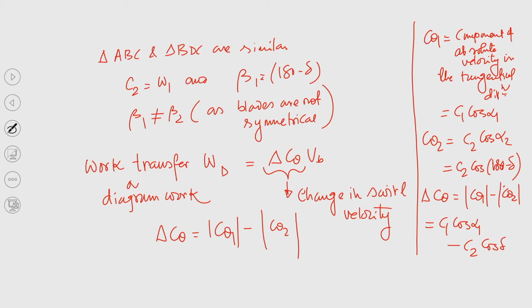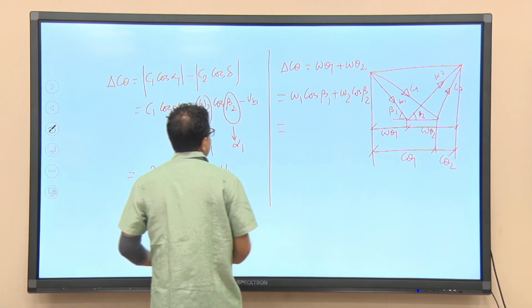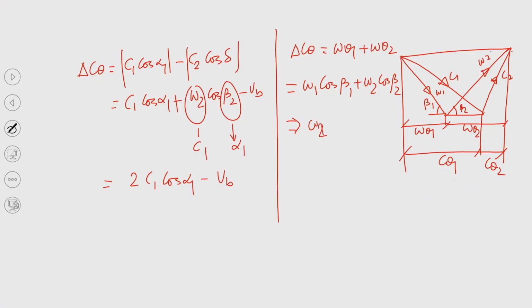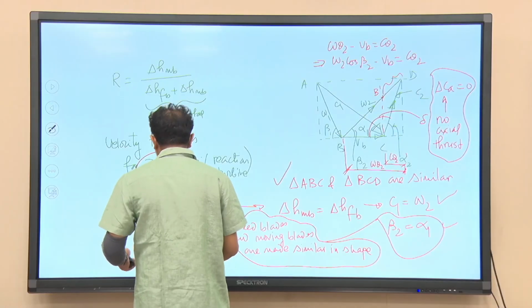Okay. So, if I write here W 2 equal to C 1 and beta 2 equal to alpha 1, right. So, beta 2 equal to alpha 1, that you can understand, and W 2 equal to C 1.